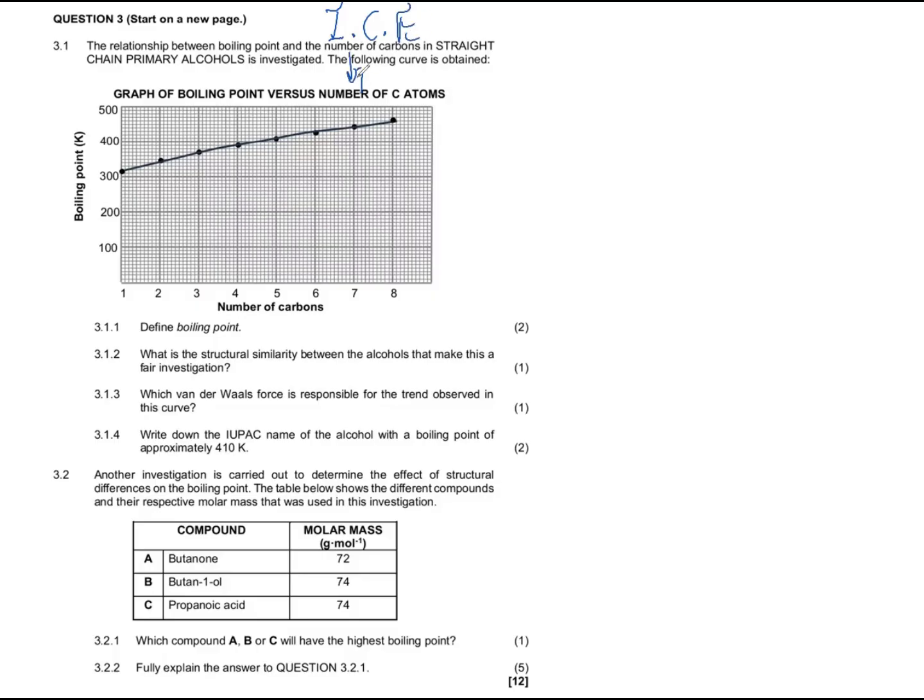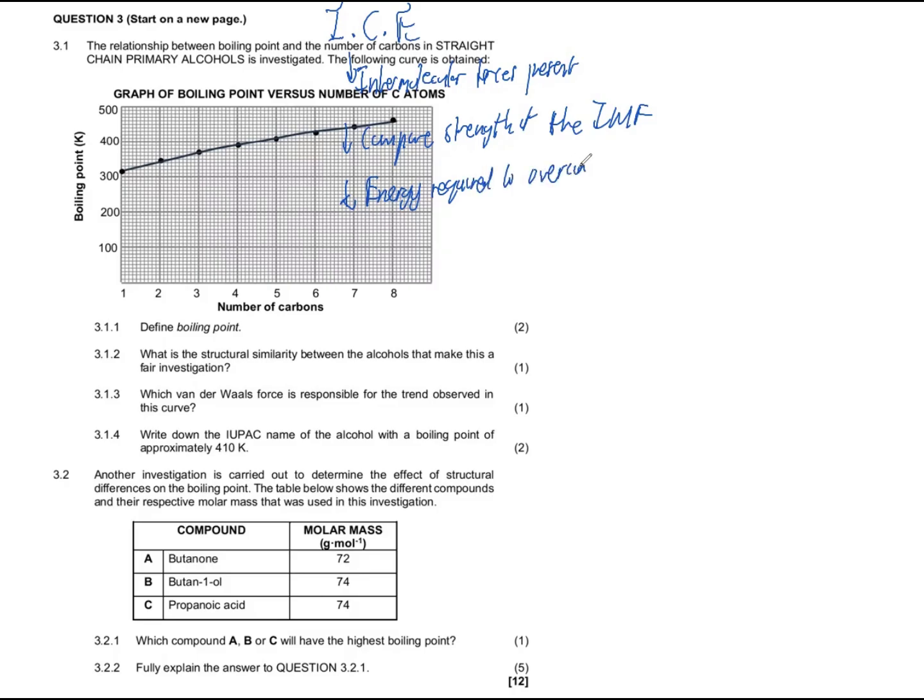Where you have to mention the intermolecular forces present, and then you have to compare the strength of the intermolecular forces, and then finally you have to speak of the energy required to overcome the intermolecular forces.